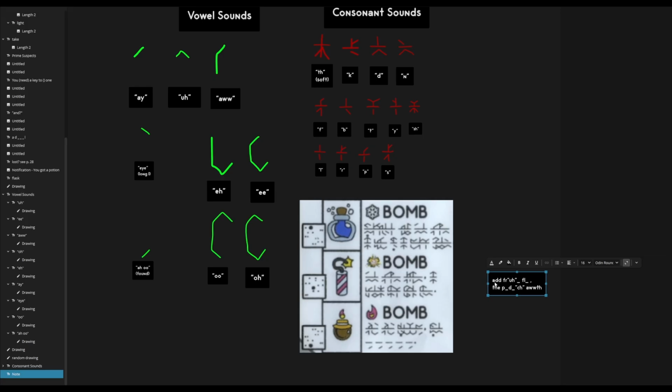I don't know how to write this stuff out. That looks like TH, right? And a T. Oh, no, wait. I don't know why I was starting with the vowel. That doesn't make any sense.